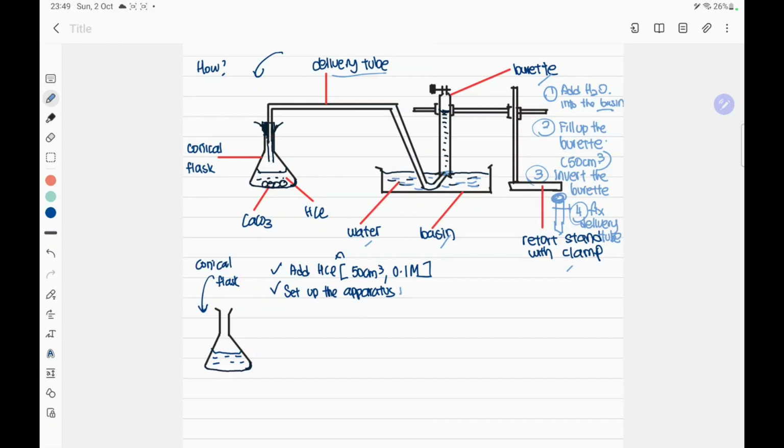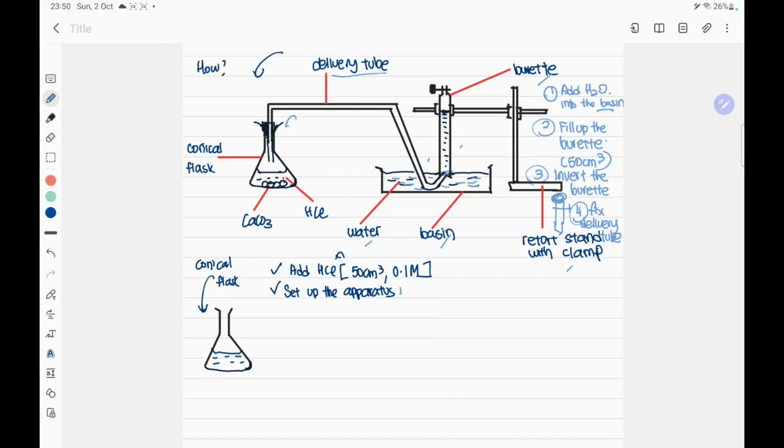And last but not least, you fix the delivery tube, which connects the basin, the burette, to the conical flask. And this is how you want to set up the apparatus. It is pretty simple if you understand that.